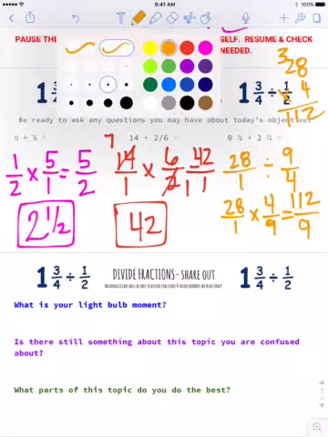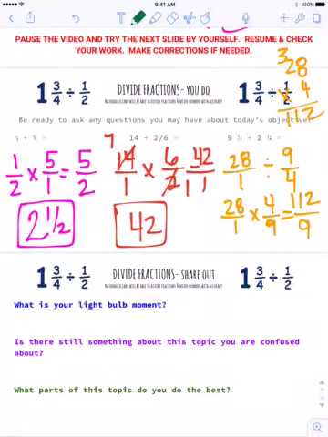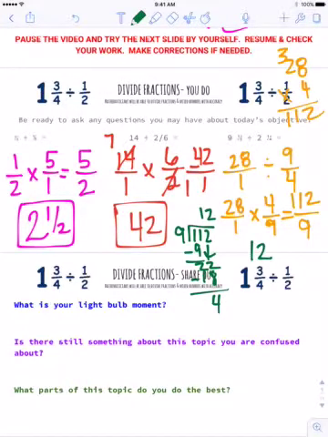Obviously, you should change that to a mixed number. So you have to do a little bit of long division. 9 goes into 11 once with 22. 9 goes into 22 twice, which is 18, with 4 left over, so your final answer should be 12 and 4/9 for the last problem on the you do section.